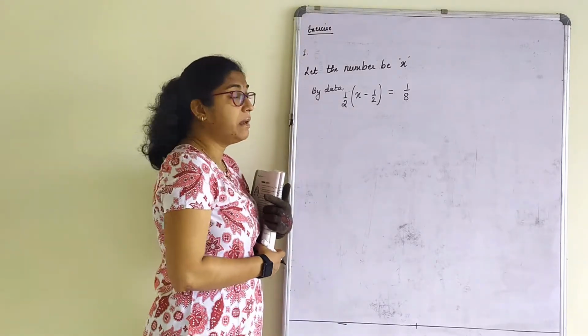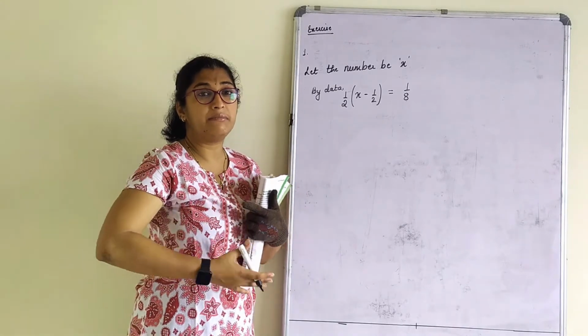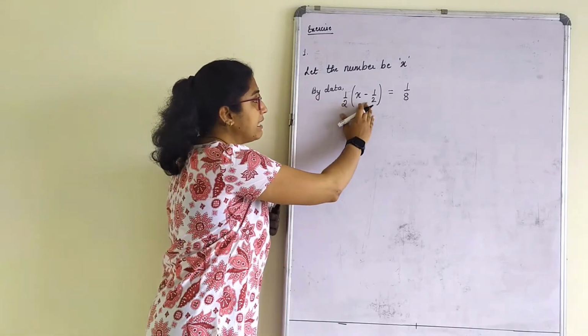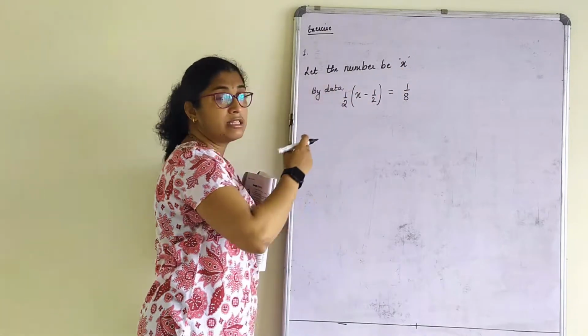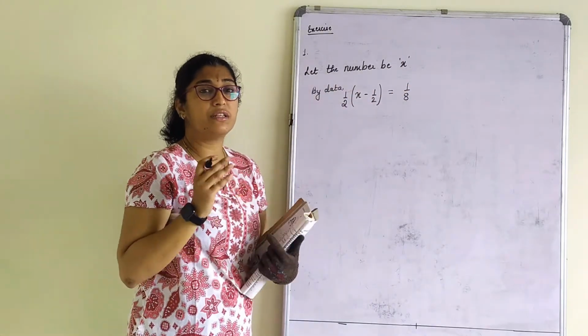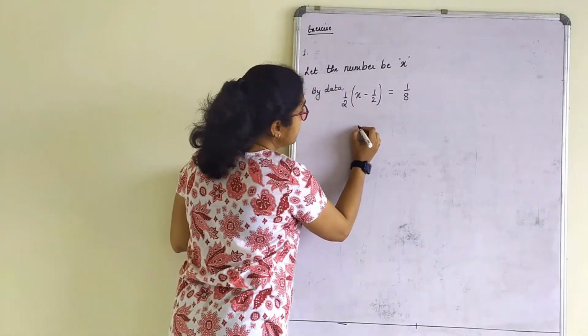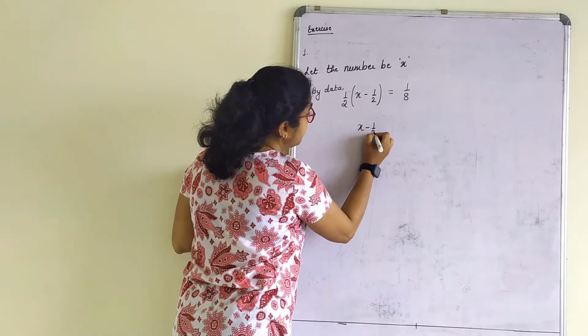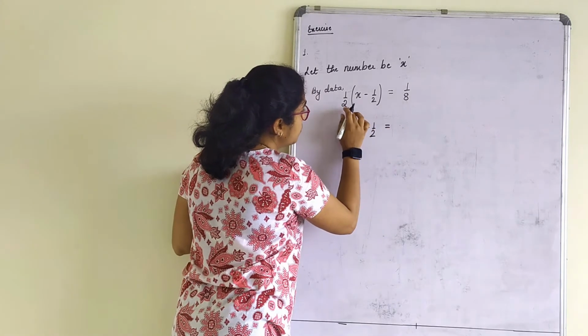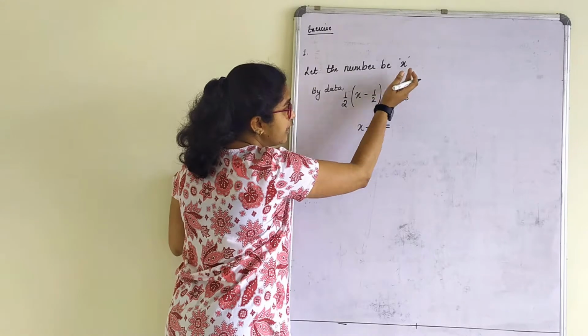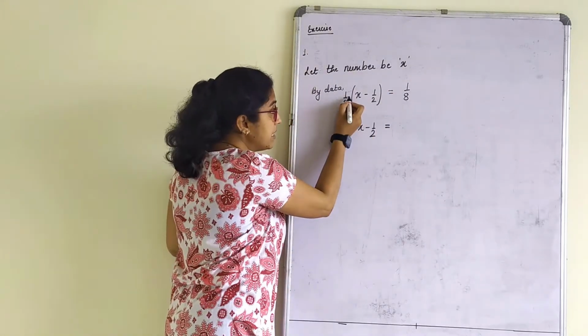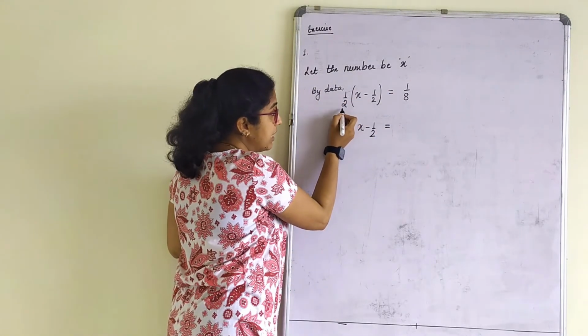Let us solve. Many methods are there to solve. Many methods in the sense you can take LCM here, do it and then transpose anything. Let's try one of the simplest ones. I will keep x minus half here only, equal to this 1 by 8. I will transpose this half to this side, because it is multiplication. I can do that.